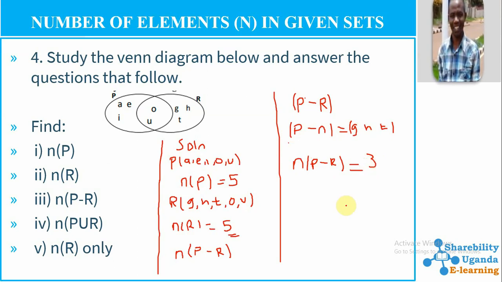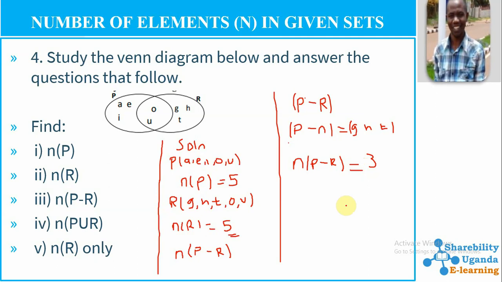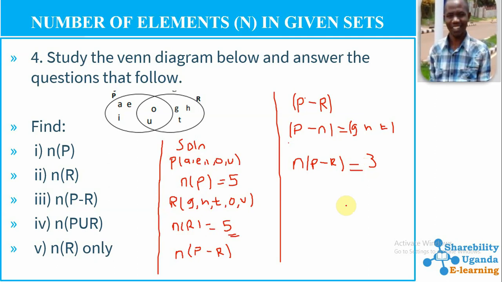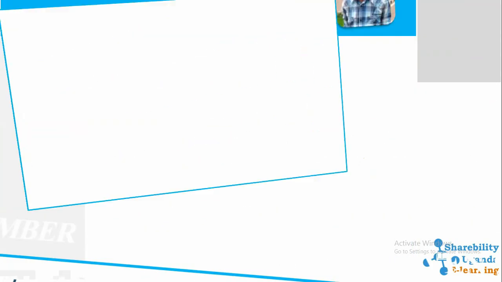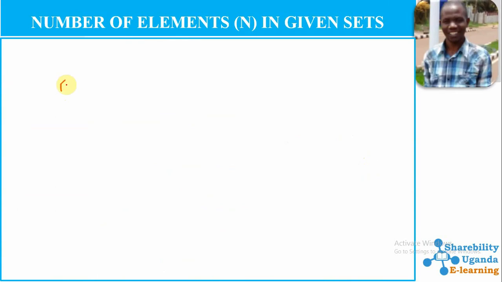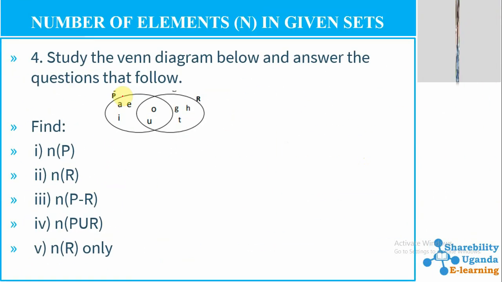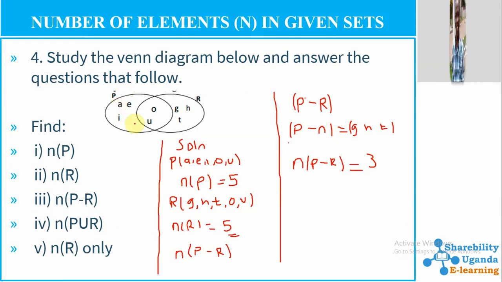Let's go to another Roman numeral, which is Roman numeral 4. There is n of P union R. Here they want us to get all the members that are in both sets without repeating any.